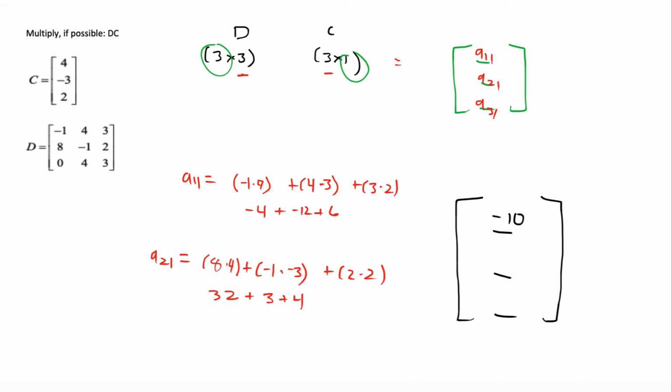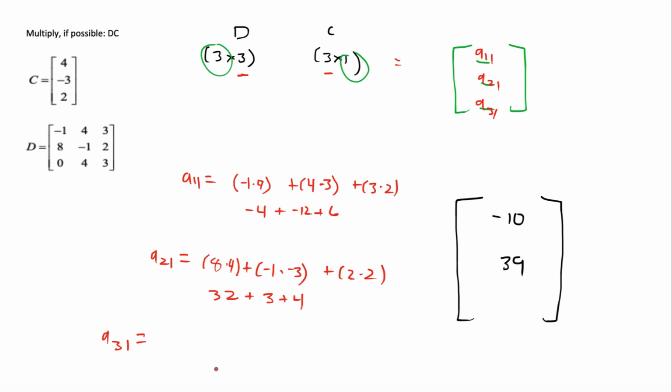Let me just take out these values here. We don't need those little lines. So the second entry here should be 39. What about the last one? For A31, this is the third row, first column. So we need the third row here. You'll notice that there are 3 entries in the third row, and we need the first column here, which also has 3 entries.